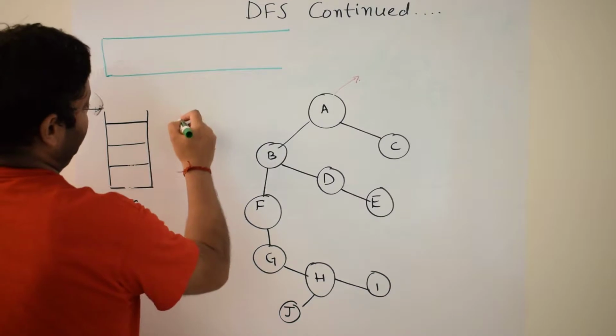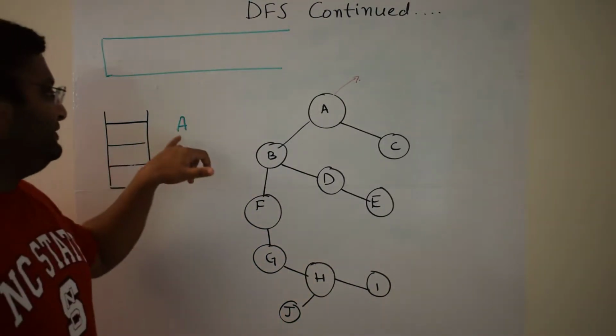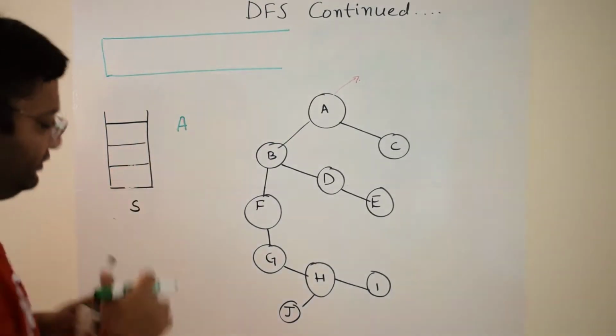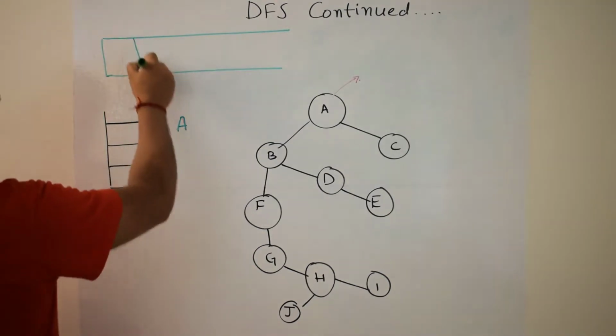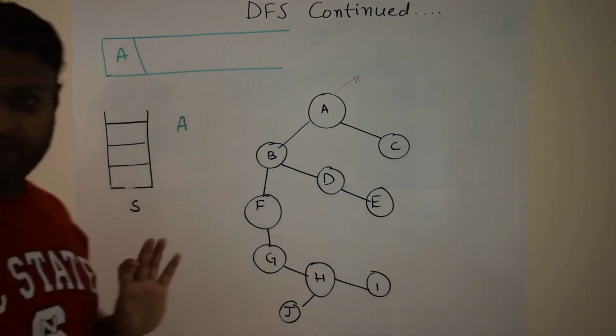So let us say now A has been popped out. Any element which is being popped out, in this case A, will be marked visited. So now A stands visited, and this array will keep track of the visited nodes.